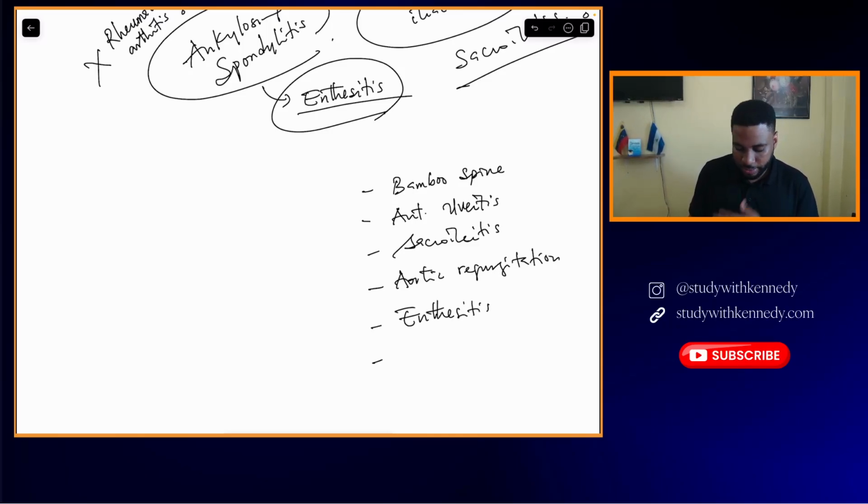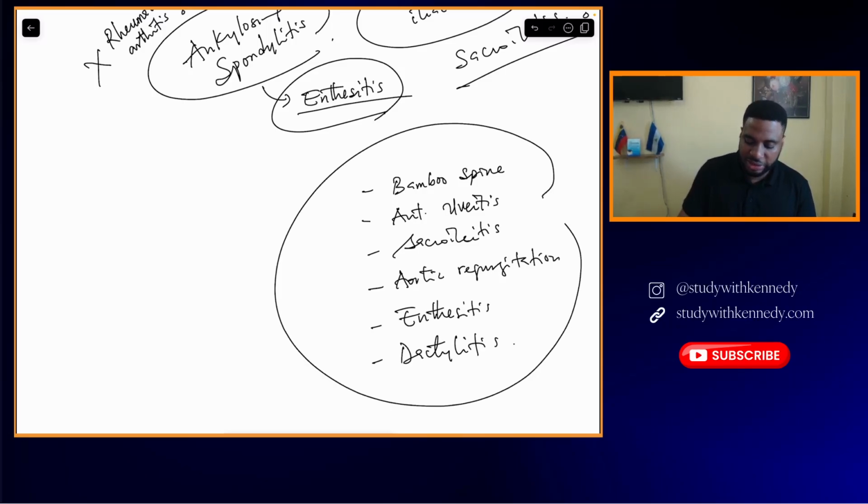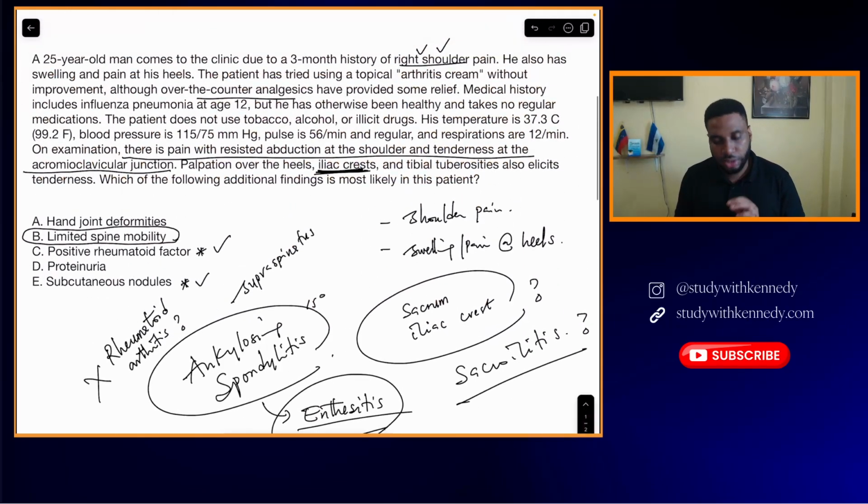They have dactylitis. If you remember this information, then you know the classic presentation and findings in a person with ankylosing spondylitis. The diagnosis here is ankylosing spondylitis, and limited spine mobility is going to be unique to that condition.